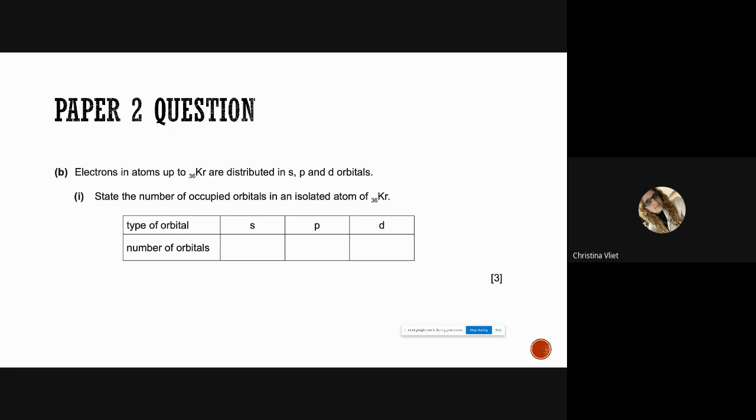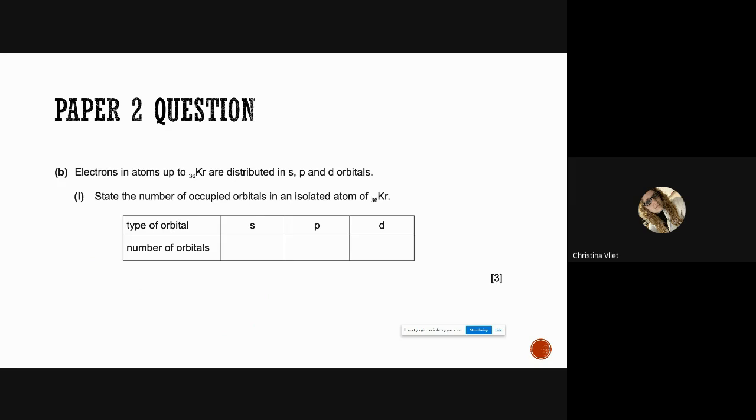How would you count how many orbitals krypton has? So this is actually kind of cruel because it's the last possible element that you can be tested on, and they're asking for you to count orbitals. So let's go ahead and walk through it. You would have to give the full electron configuration to figure this out, by the way. Shorthand will mess you up.